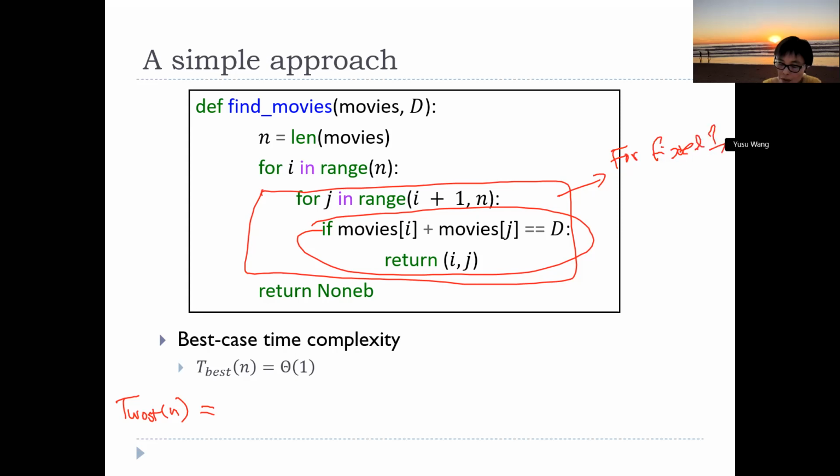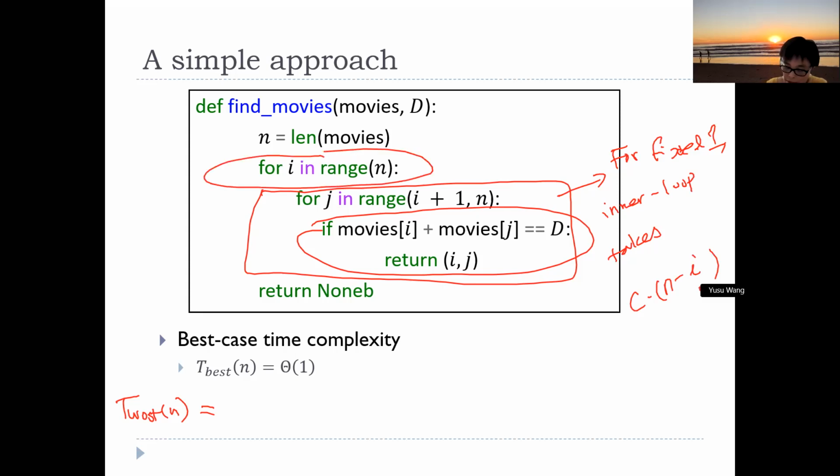The inner loop takes time c times n minus i. Okay? What is the total time? The total time is basically for the outer loop where i changes. So i changes from 0 to n minus 1, and inside the time is n minus i.